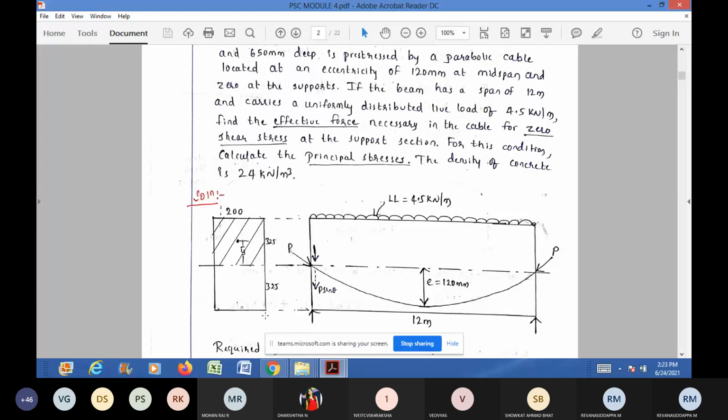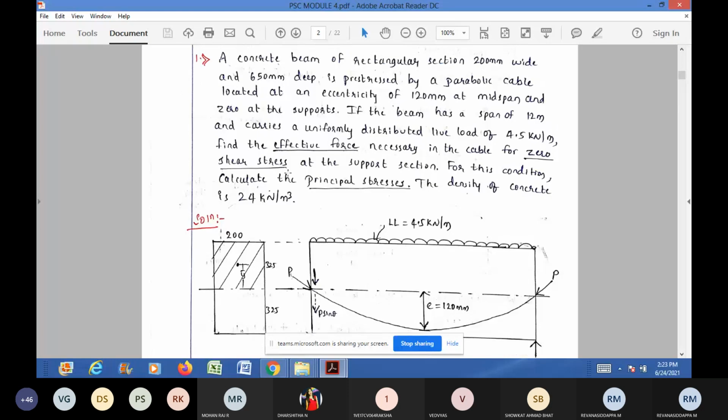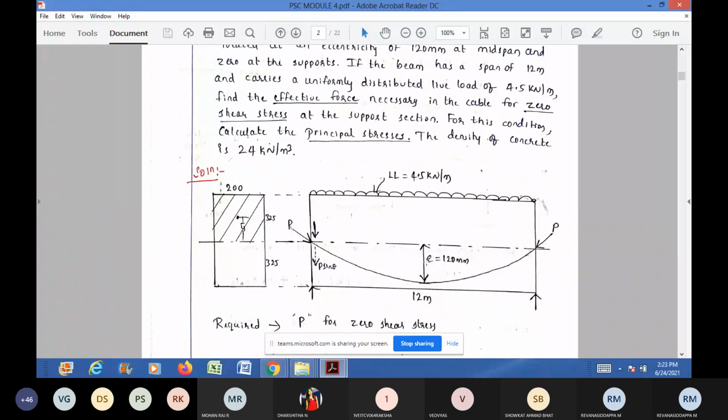It is pre-stressed with a parabolic cable having eccentricity of 120 mm at midspan and 0 at the support.